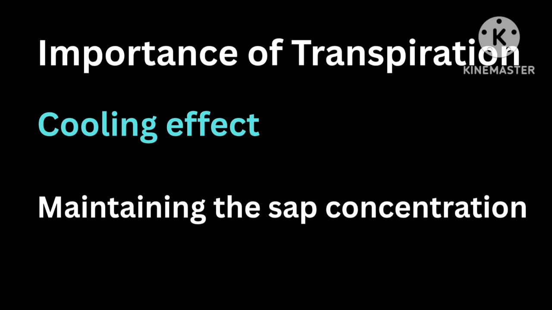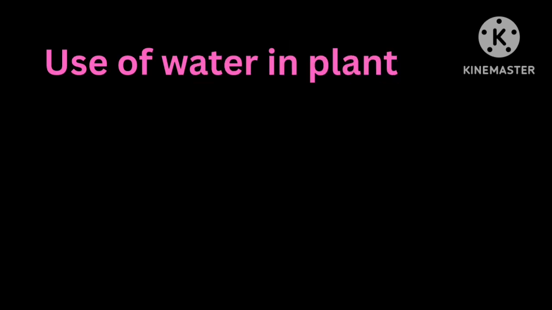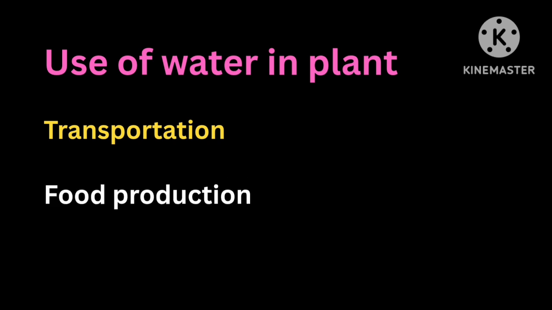Now, we will know the use of water in plants. There are three main ways through which plants use water. First is transportation. The water in the plant body, in both xylem and phloem, transports substances in solution from one part to another. The next is food production. Water is used for photosynthesis.